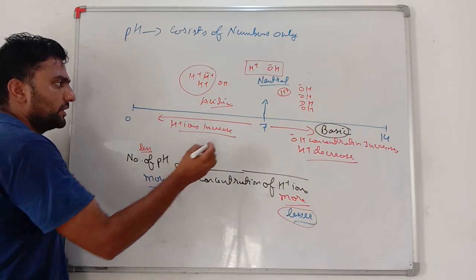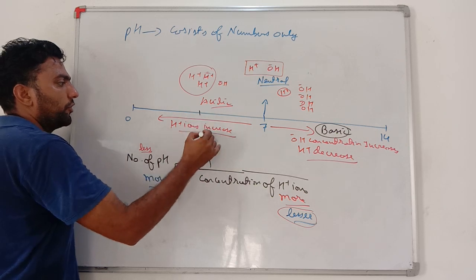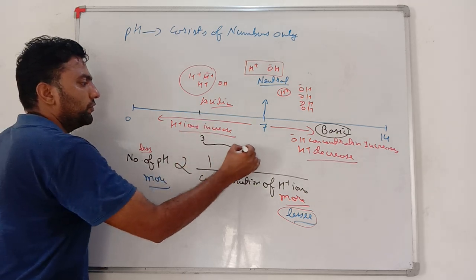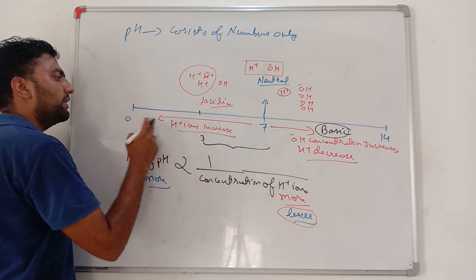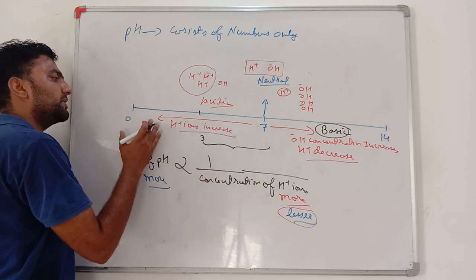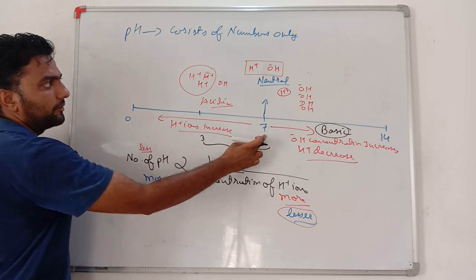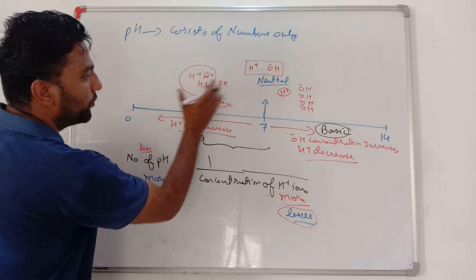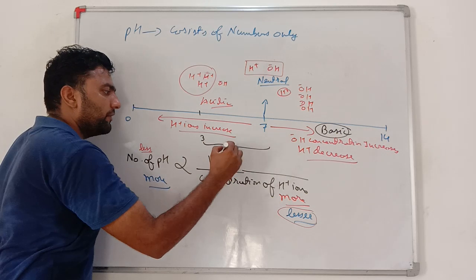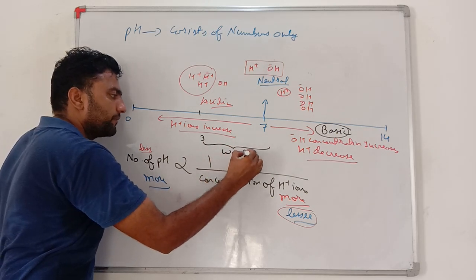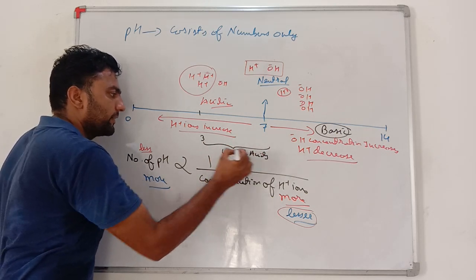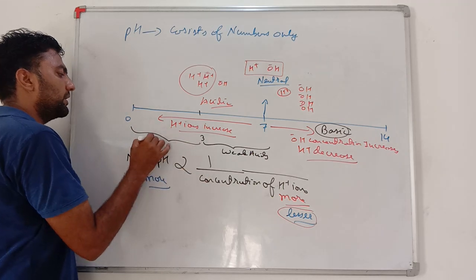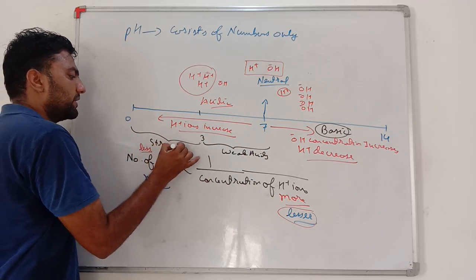See my dear students, from pH 3 to 4, below 7, any substance having pH below 7 is acidic in nature. Why? Because below 7 the H plus concentration is more. 3 to 7 are considered weak acids, and 0 to 3 are considered strong acids.